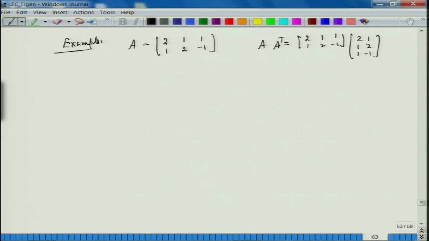I hope I am correct. I make a lot of mistakes, all right. So, 4 plus 1 plus 1 is 6, 2 plus 2 is 4, 4 minus 1 is 3, yes indeed 3. It has to be symmetric, so it is 3, 1, 4 and then 6. This is what I get, fine.